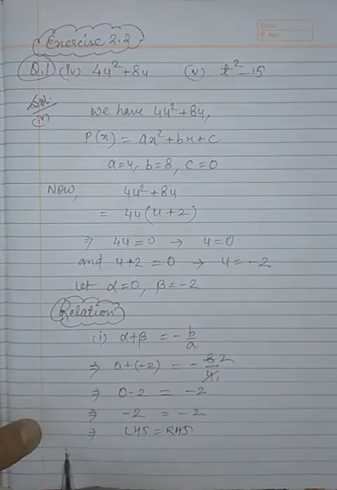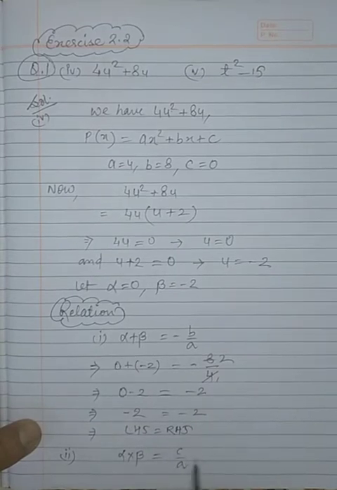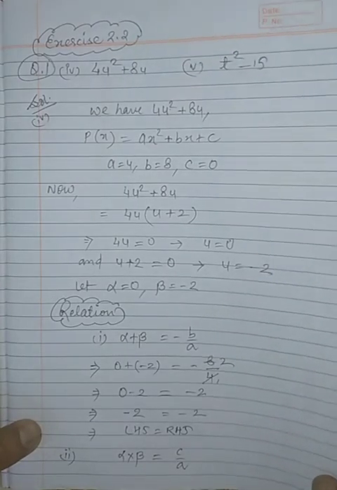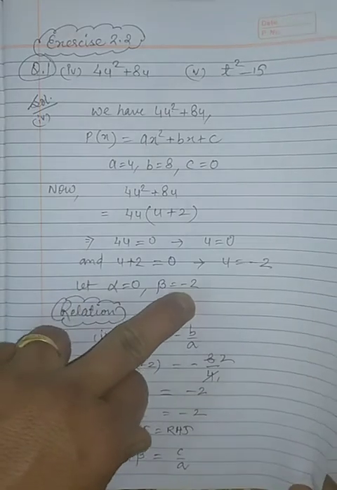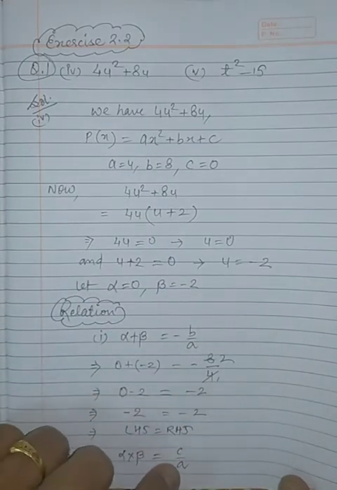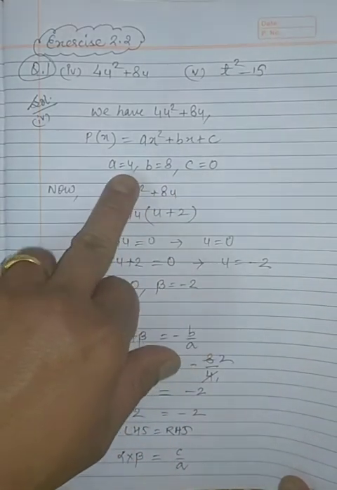Also, the second relation we have is the product of zeros. Alpha into beta is equal to c upon a. So alpha into beta, that is 0 into minus 2, and c upon a means 0 upon 4.